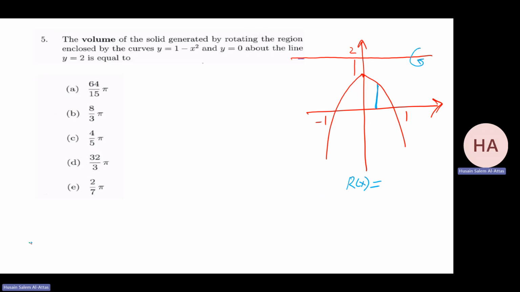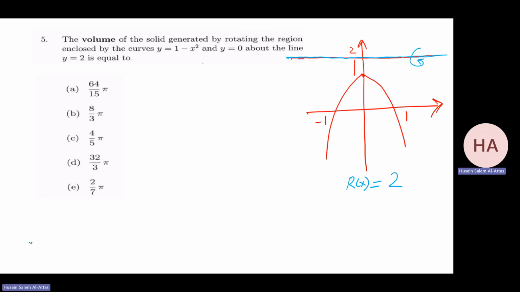When you rotate this, there is something in the middle here. I have something here. So how do I get this? I'm rotating this, but about this line. So the upper radius is 2.